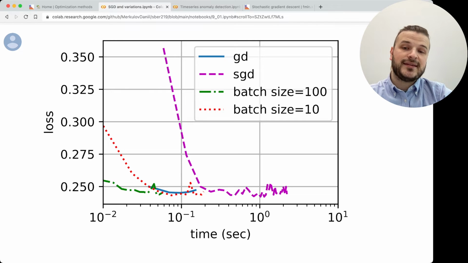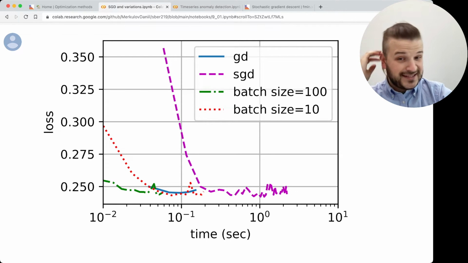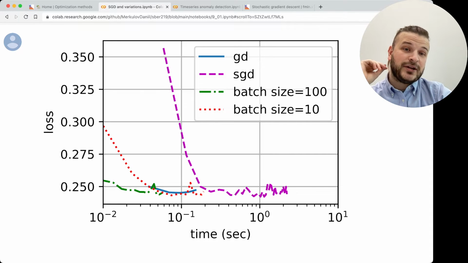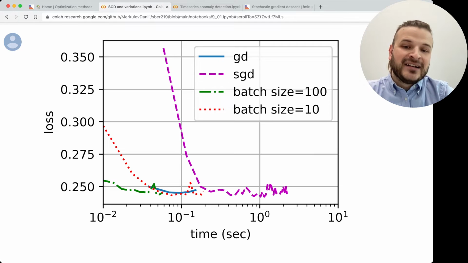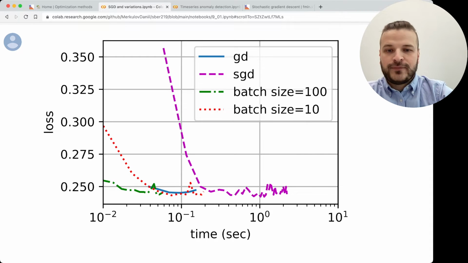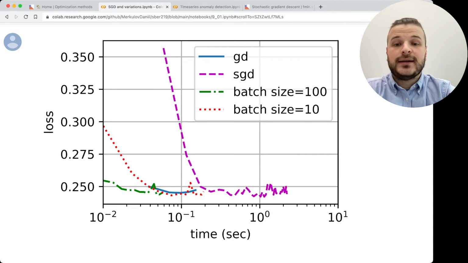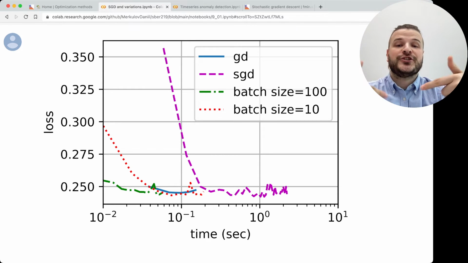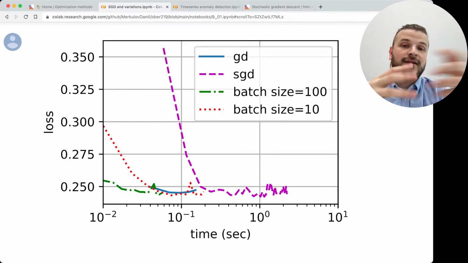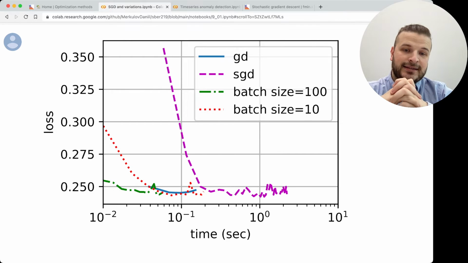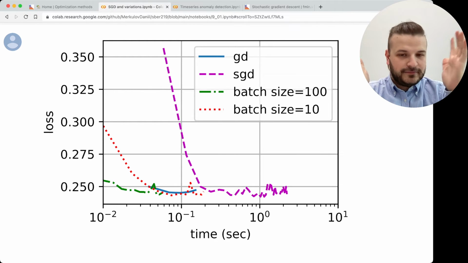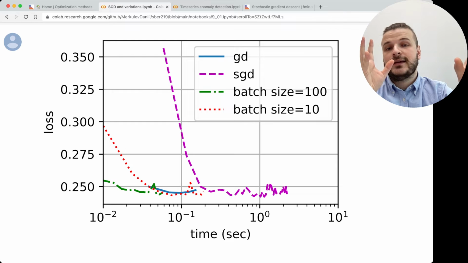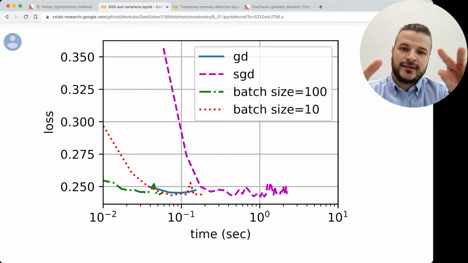And you can see this dependence is not monotonic, because if you set the batch size equal to 100, you'll clearly win in terms of the time spent on training, because again, each iteration is significantly cheaper than the gradient descent, but still, that's the trade-off between complexity and number of iterations.